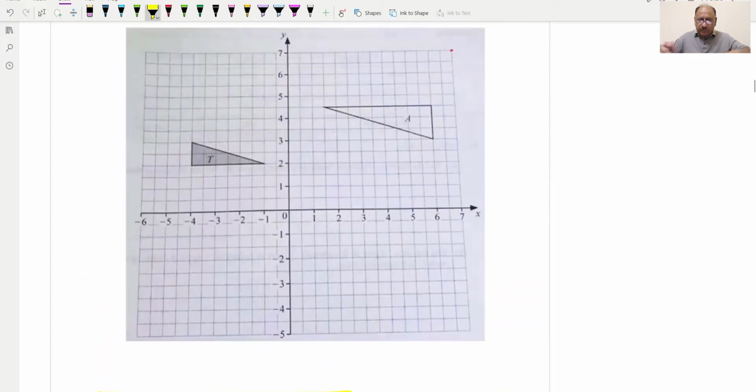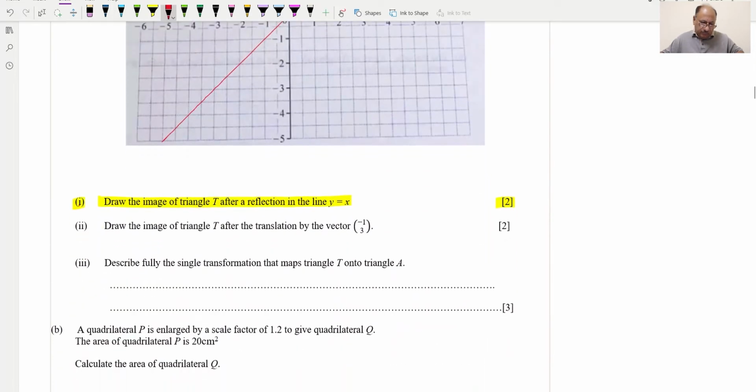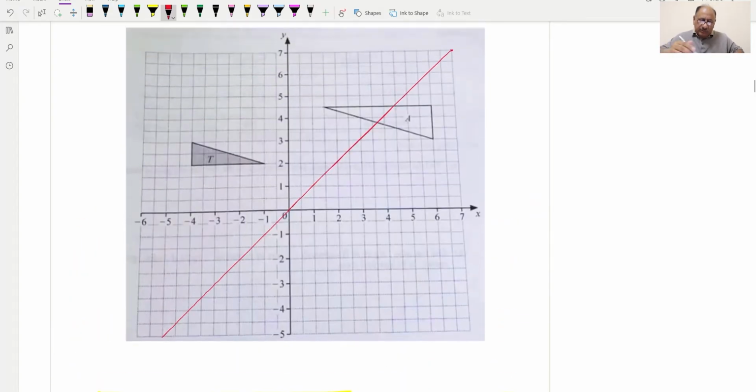So first of all, we will draw the line y equals x, and we can extend it a little more, till here. We have to draw the image of triangle T after reflection.